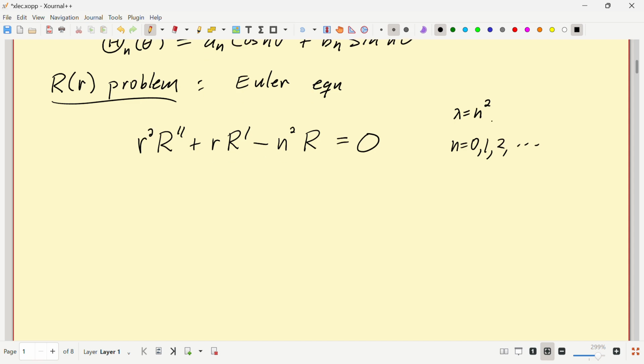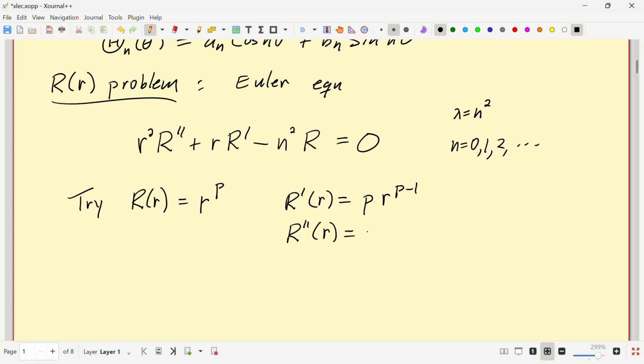Okay, so Euler's big idea is try R of r equals r to a power p. Then, of course, R prime of r would be p r to the p minus 1. R double prime of r would be p times p minus 1, r to the p minus 2.